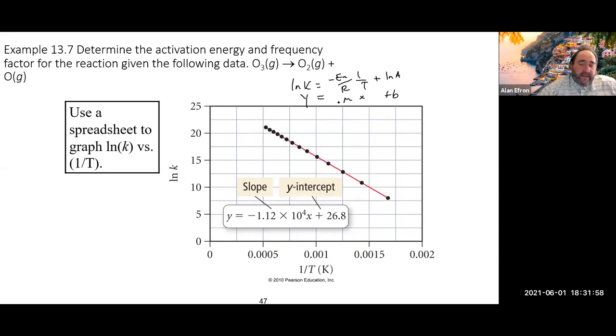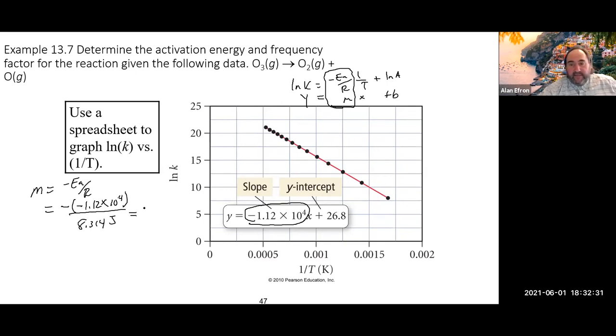So first off, if we want the activation energy, that would be from our slope. The slope is equal to minus E of A over R. And the slope value would be this one right here, including the negative. That's what we were talking about earlier: our line is negative, which will always give us a negative value for the slope, divided by 8.314 joules.